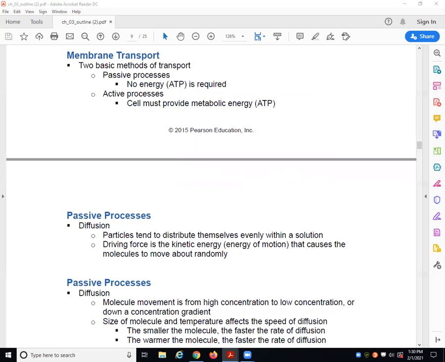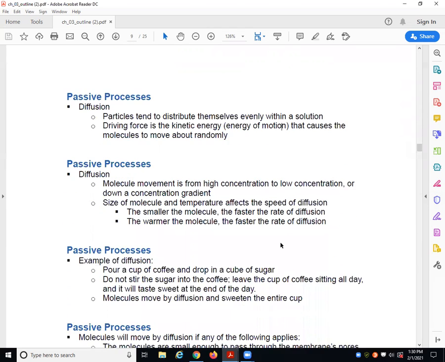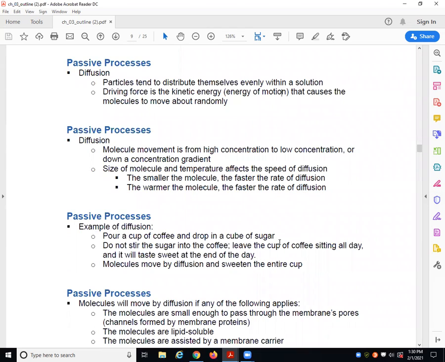Particles are going to move themselves evenly in distribution in a solution. We call that diffusion. The driving force here, what's making that happen, is kinetic energy, and kinetic has to do with motion, like kinesiology has to do with the study of people moving.